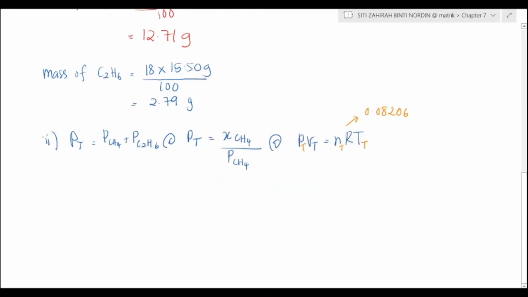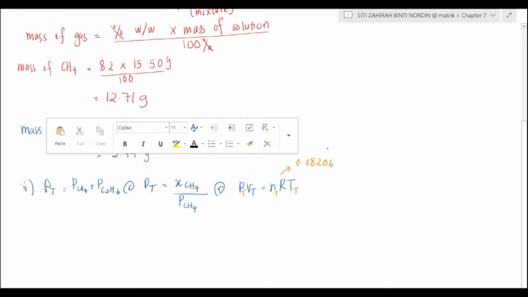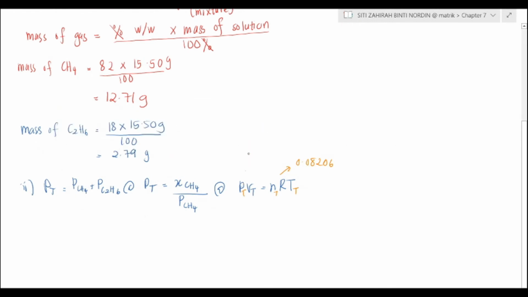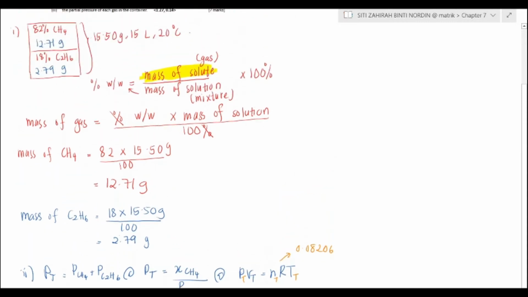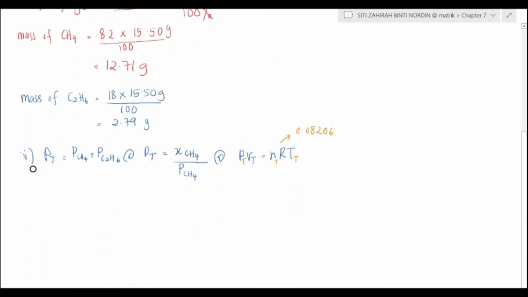So let's check what information we have that would be easier for us to find the total pressure. Do we have the information about pressure? Nope, we don't have the pressure of CH4 or of ethane. So this would be difficult for us. And the second equation is not suitable either, because we don't have the pressure of CH4.